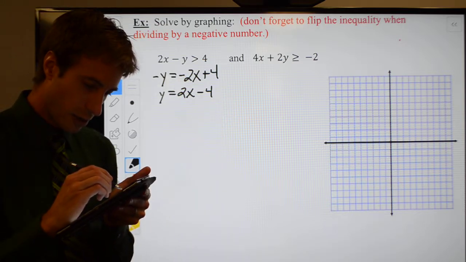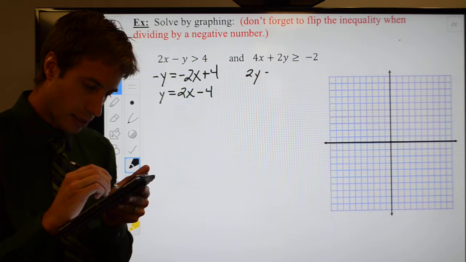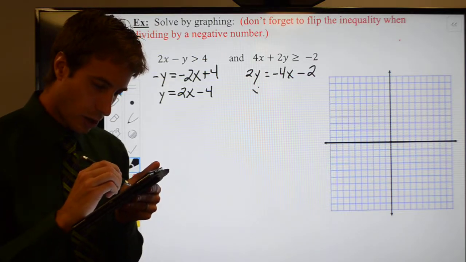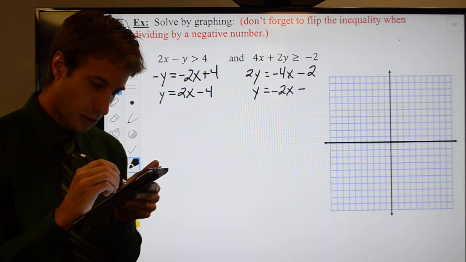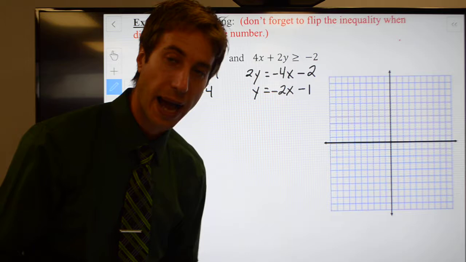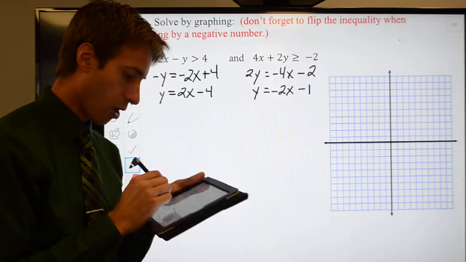This one over here is going to be 2y is equal to negative 4x minus 2. Divide everybody by 2, and y is equal to negative 2x minus 1. Okay, fantastic. Now that I've solved those for y, we're all set to run through our 4 steps.